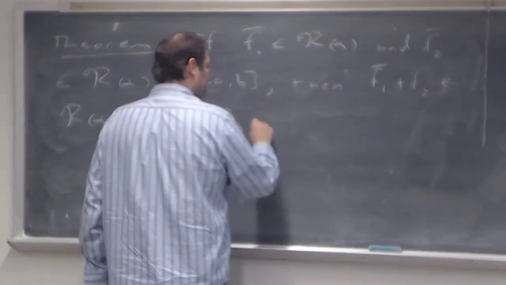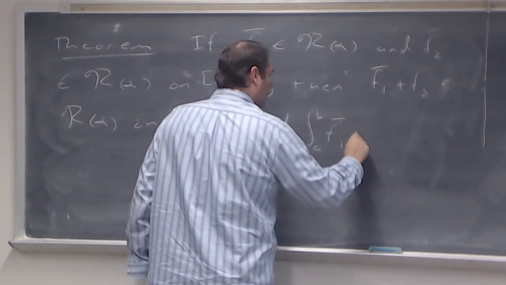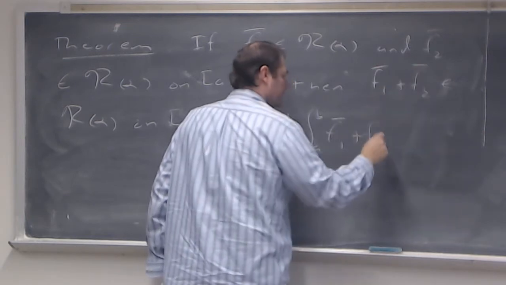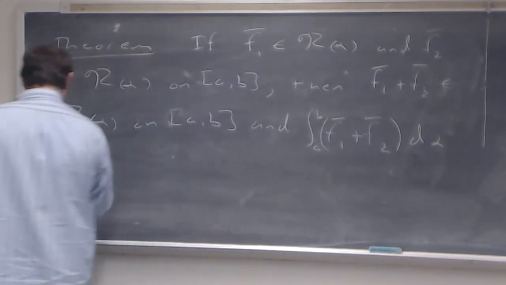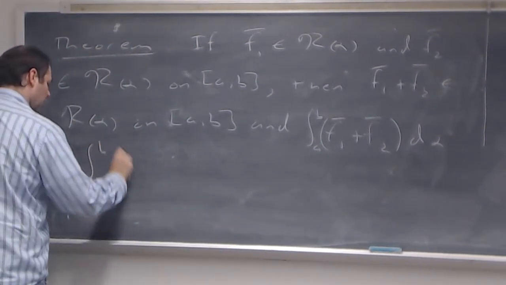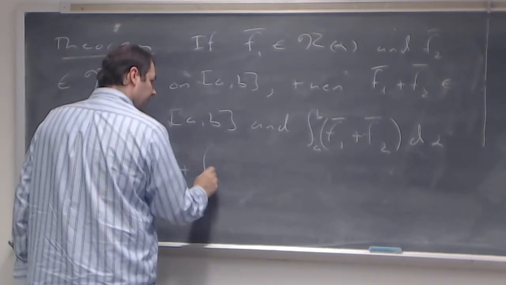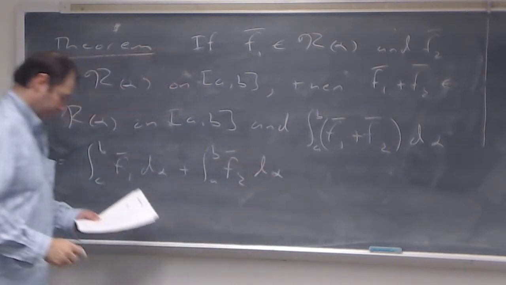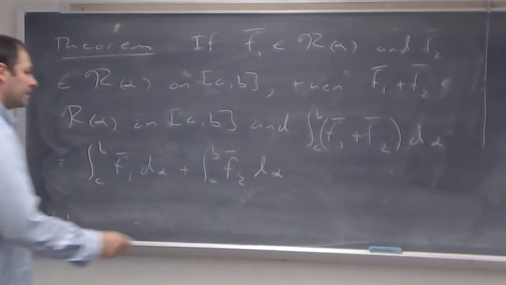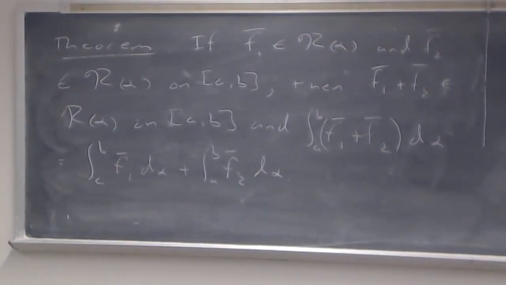Not only that, but the integral from a to b of f sub 1 bar plus f sub 2 bar d alpha is equal to the integral from a to b of f sub 1 bar d alpha plus the integral from a to b of f sub 2 bar d alpha. Again, this is a theorem that we won't prove. It's analogous to what we had for real valued functions.